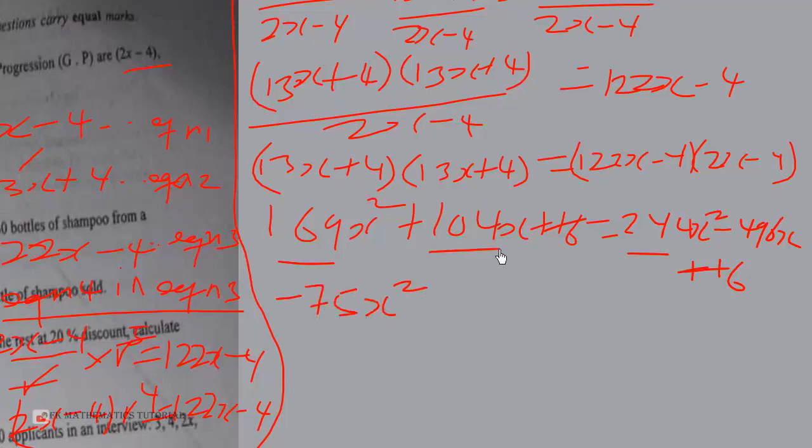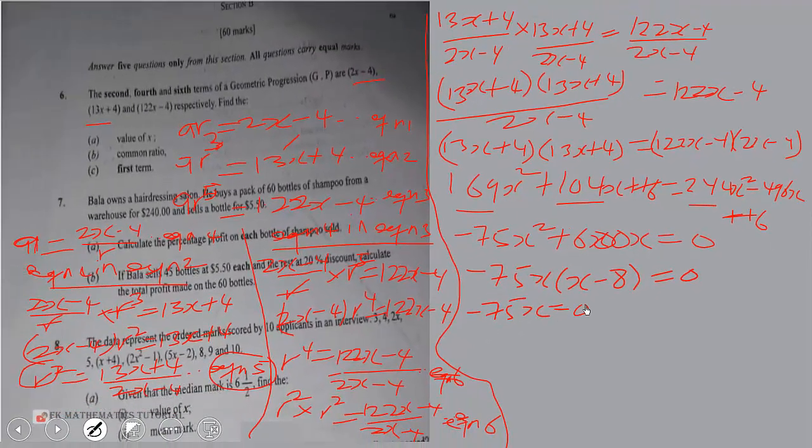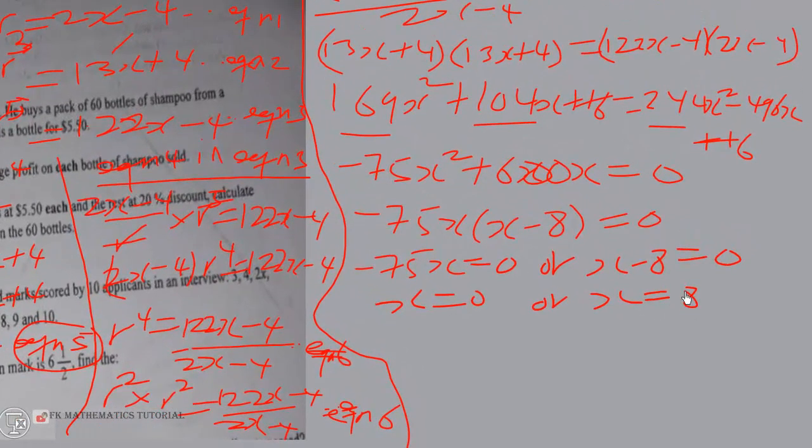Then 104 plus 496 will give you plus 600x is equal to 0. So you factor negative 75x out. We have x minus 8 is equal to 0. So negative 75x is either equal to 0 or x minus 8 is equal to 0. So x would either be equal to 0 or x will be equal to 8.